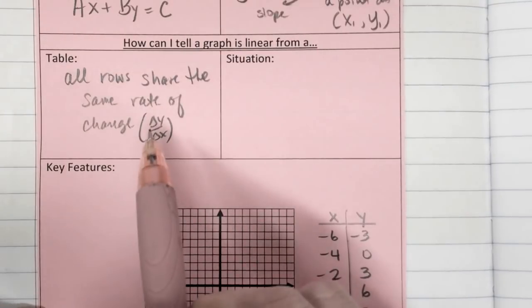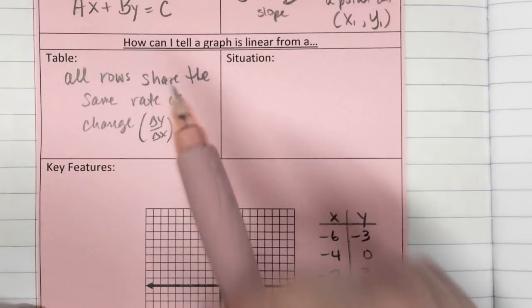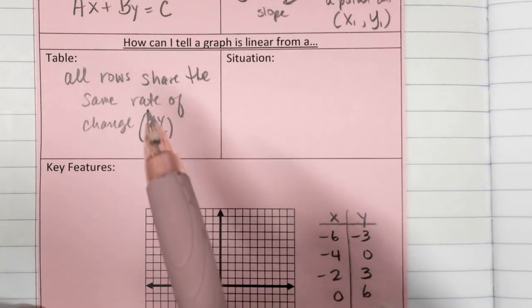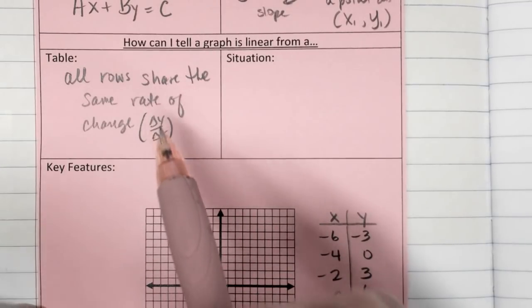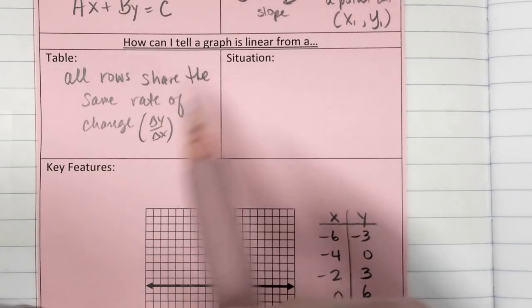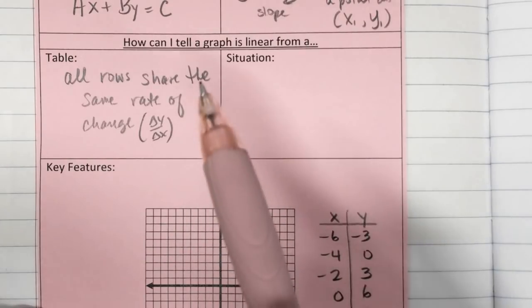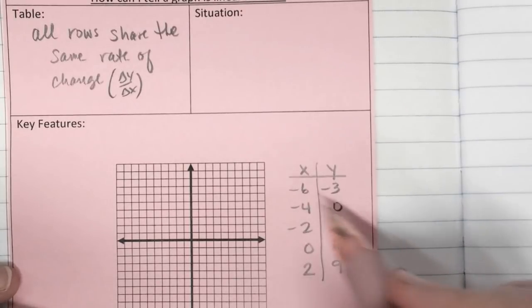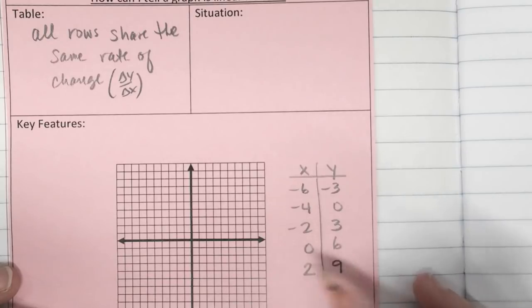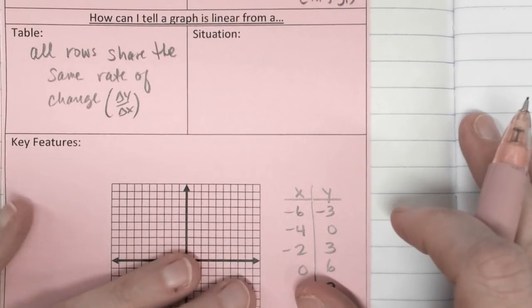This doesn't mean we check the first couple, or we check one pair. For a table to represent a linear function, every single row in the table has to have the same rate of change. It can't just be one row or the first row. You have to check every single one. We would have to do delta y over delta x for every single pair in this table, and it would have to be the same rate of change all the time.